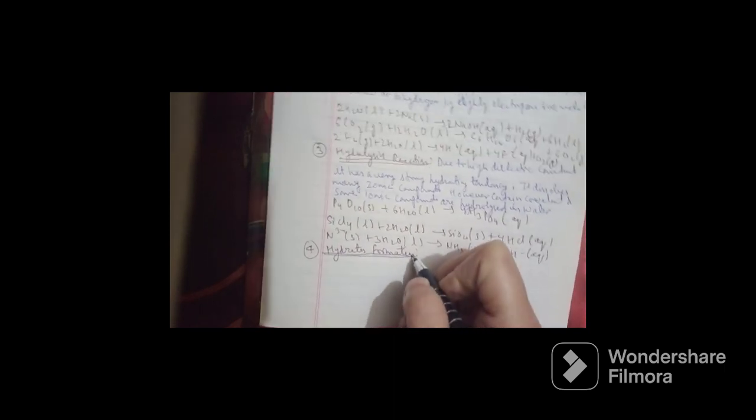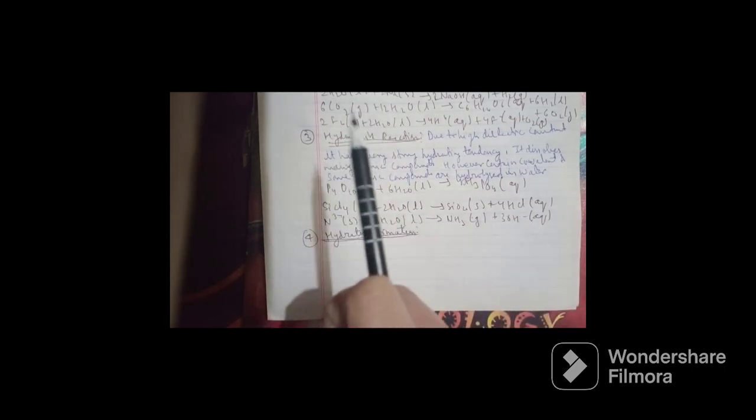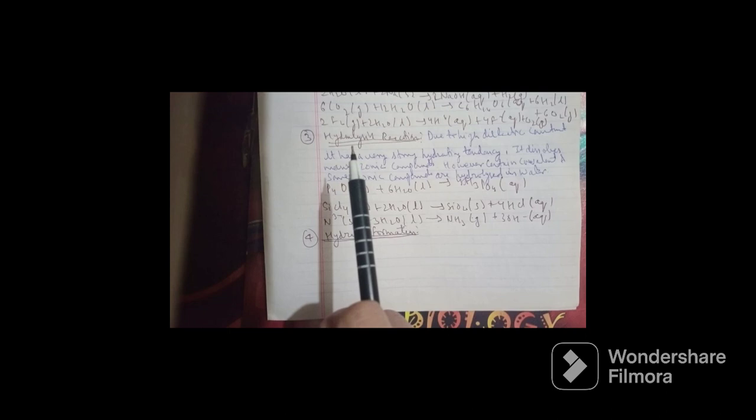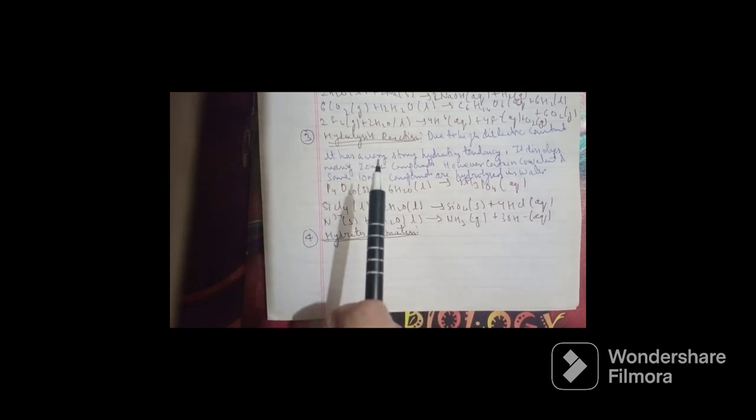In hydrate formation, from aqueous solution many salts can be crystallized as hydrated salts, and the associations of water are of different types.